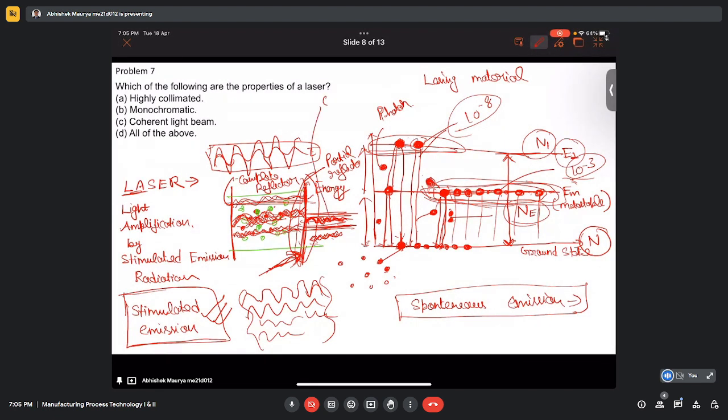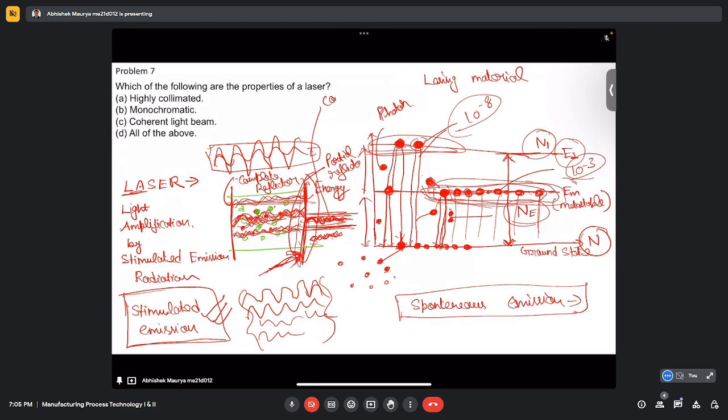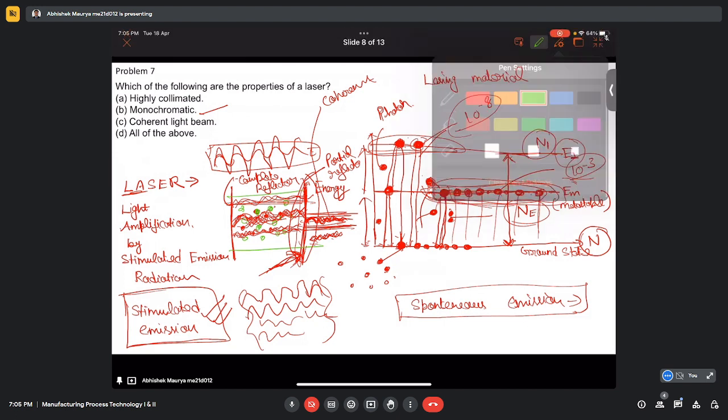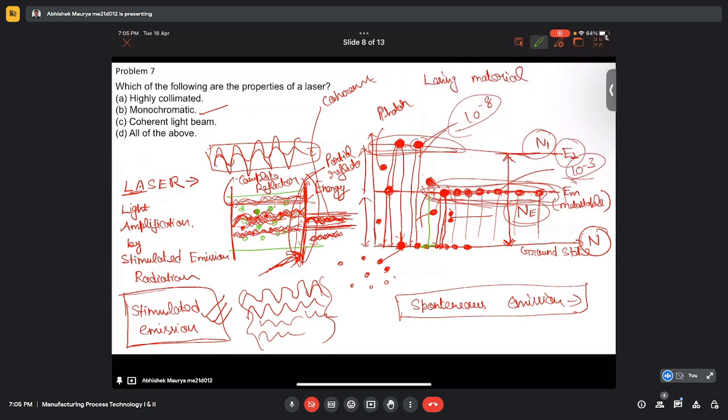The waves are coherent, and they are monochromatic, meaning only one wavelength of light is there, and that wavelength corresponds to the energy difference between the metastable state and the ground state.